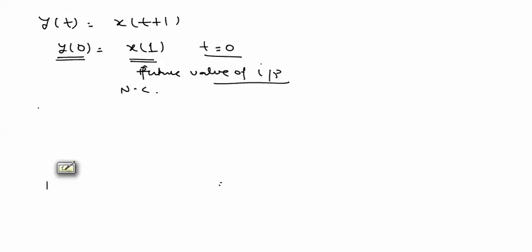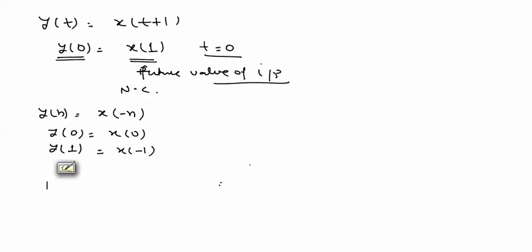One more example, y[n] equals x[minus n]. At location 0, x is again 0, no future reference. At 1, x of minus 1, no future reference. Y of minus 1, x of 1. There is future reference, means non-causal.